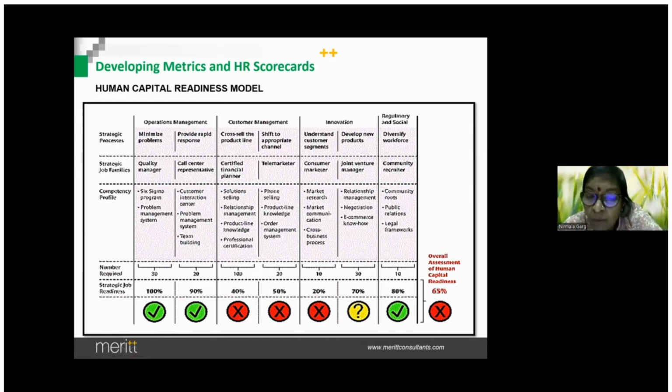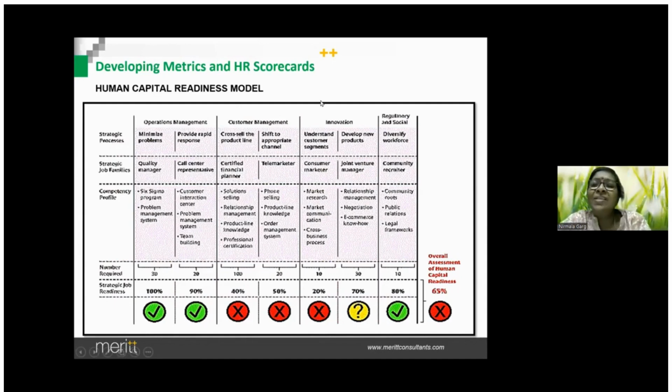Now, when I talk about human capital readiness, say for example, a call center representative. These are the competency profiles required by this representative. Say, customer interaction center.